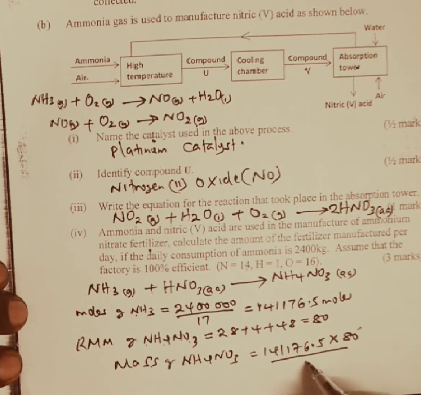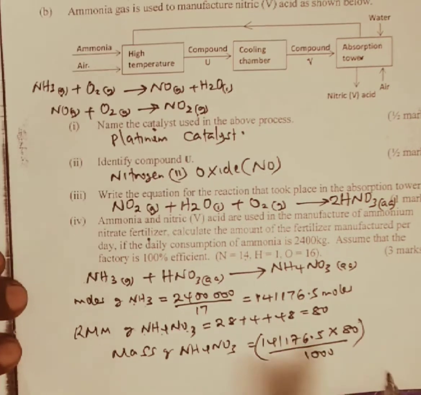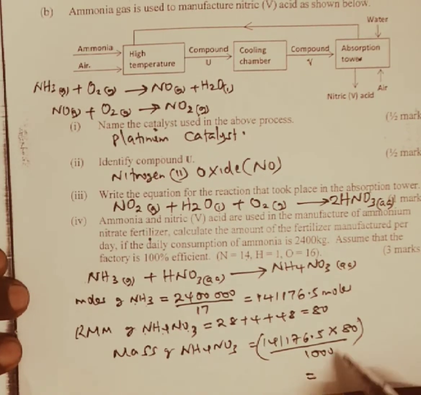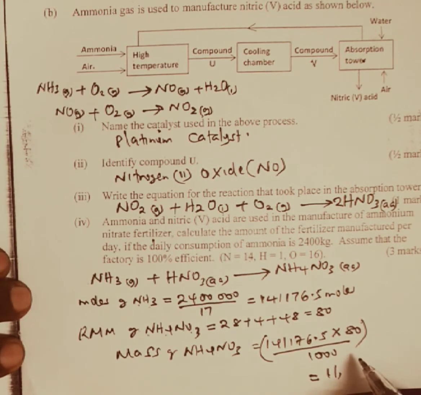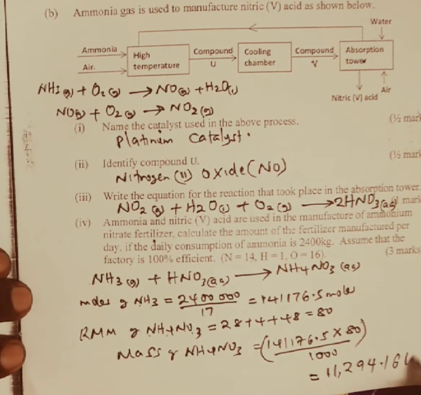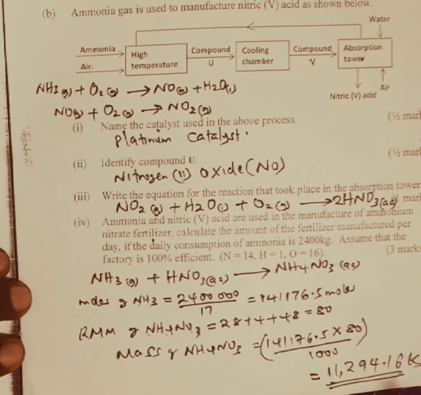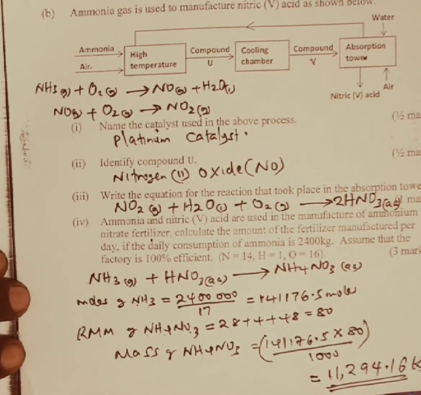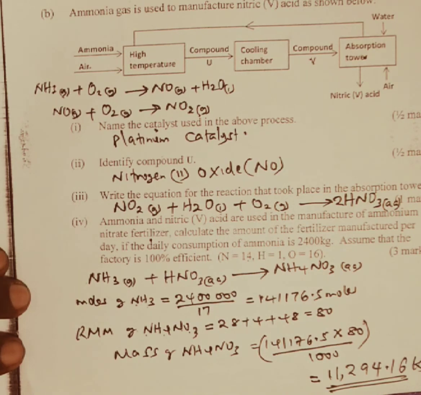We divide everything by 1000 to convert them back into kilograms, and this one gives us approximately 11,294.16 kgs as the mass of the fertilizer produced in a day. That is, if the factory is 100% efficient. If the factory is 100% efficient, it means there is no wastage.